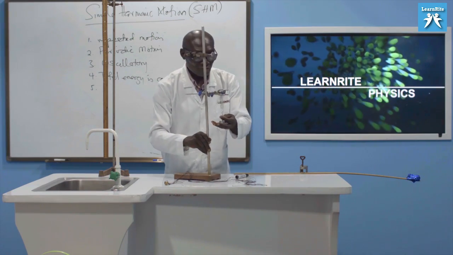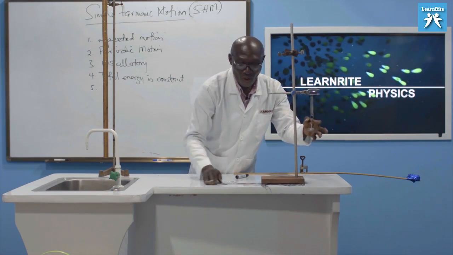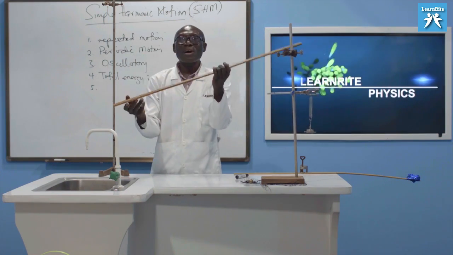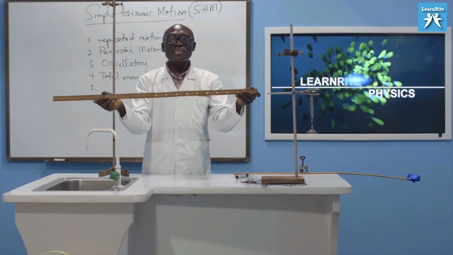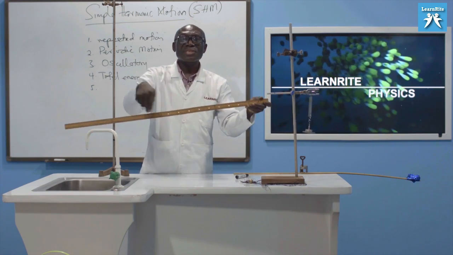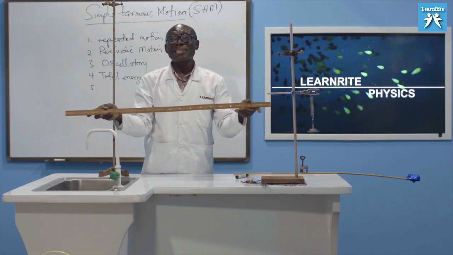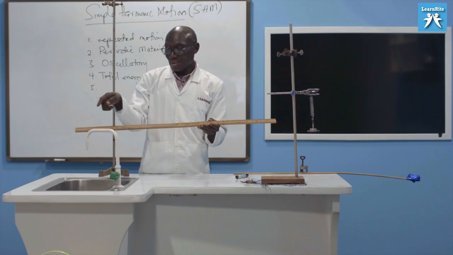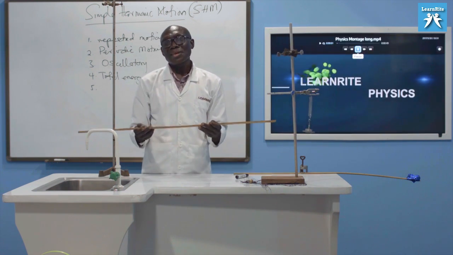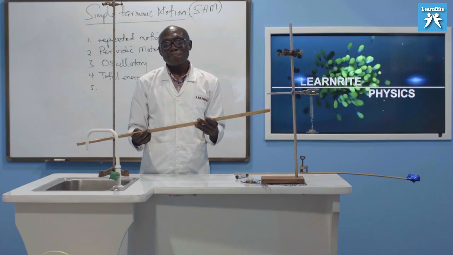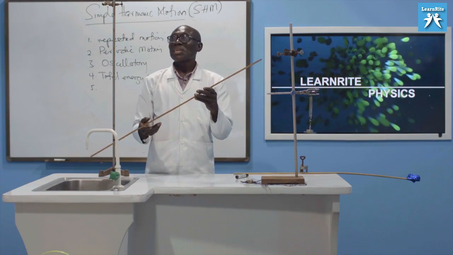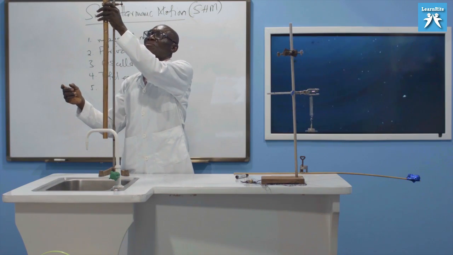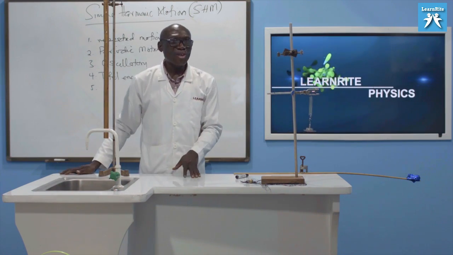Then we also have what we call a compound pendulum. It's just a meter rule with holes drilled along it. And most of the time, the holes are 5 centimeters apart along the entire length of the ruler. So what you do is to suspend this compound pendulum through any of the holes.